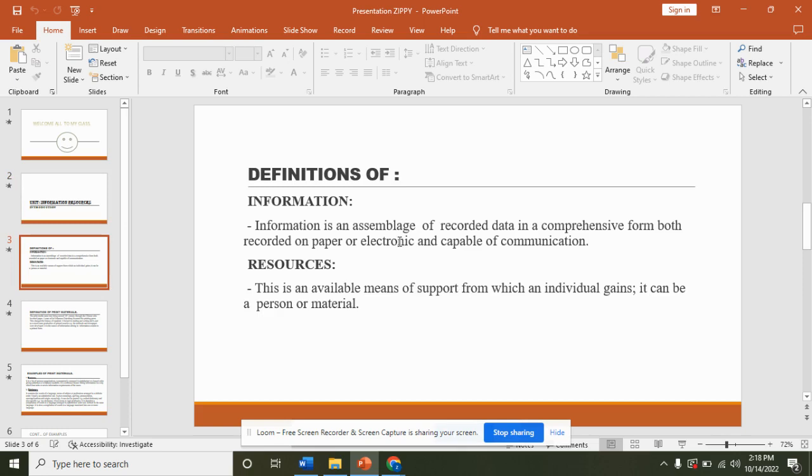Okay, can you see what's on my screen? For that case, can someone define for me what's an information? Class, what is an information as it is displayed on my screen?